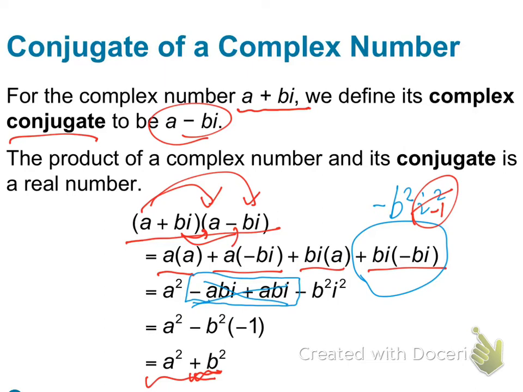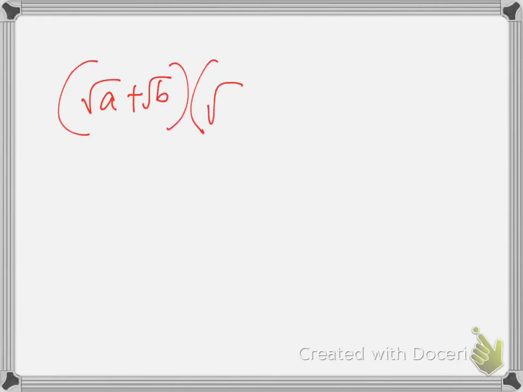Now let's compare conjugate radicals and conjugate complex numbers. I will write down the result. If you have square root of a plus square root of b times square root of a minus square root of b, what will you get? A minus b.